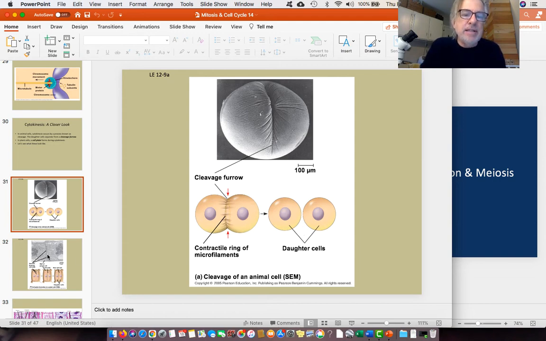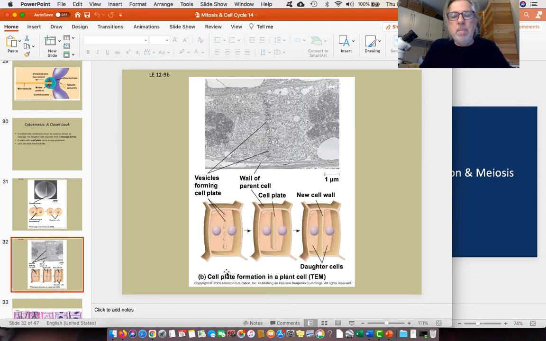In contrast, in plants, there's no worry about leakage since the new cells are entirely in an aqueous environment. And so what you have is the formation of a cell plate and the cell membrane along with it. And eventually the cell plate is complete, the cell membranes complete themselves, and you get new cells that way.